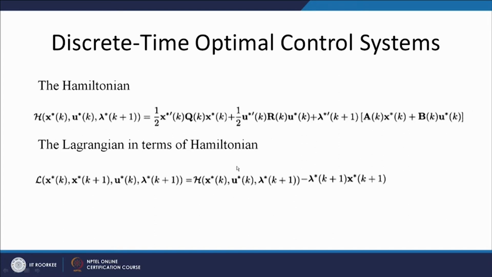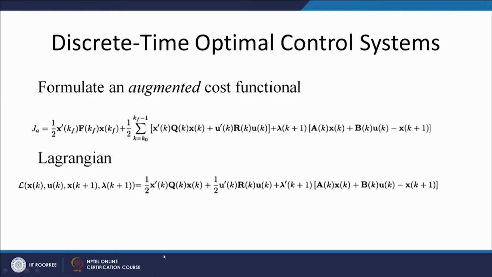And in terms of the Lagrangian, if I write this, what was my Lagrangian here? We have considered the Lagrangian as half of x prime Q x, half of u prime R u, now lambda prime k plus 1 A k x k plus B k u k up to this. This is my H, minus lambda prime k plus 1 x of k plus 1 subtracted.